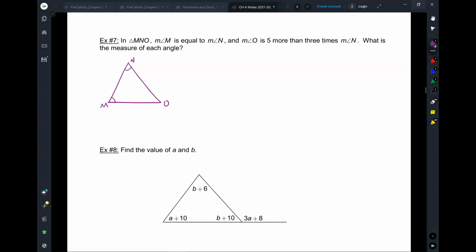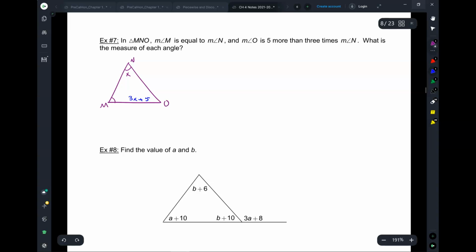Okay? O is 5 more than 3 times N. Whoa, okay. So why don't we call this X? So I'm thinking O is 3x plus 5. 5 more than 3 times N. When I was your age and taking geometry, after I did this, I'd read it again. O is 5 more than 3 times N. Yep, that's good.